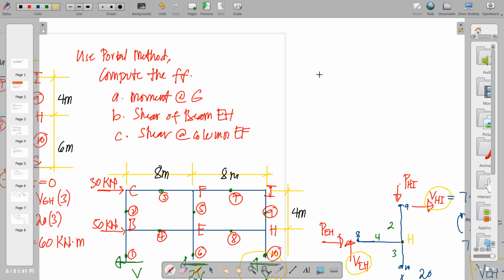See, we have here the portal on F. See, this is point F. So we label the distance. See, this is 4, 4, and the half of 4, that is 2.